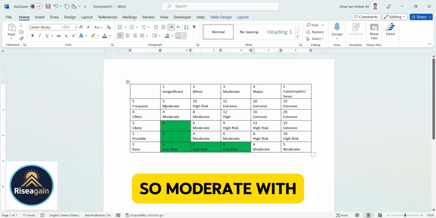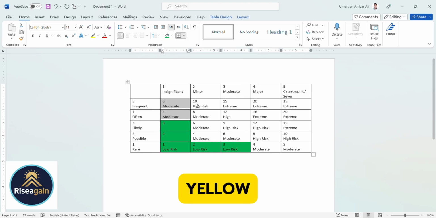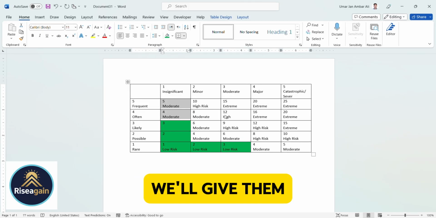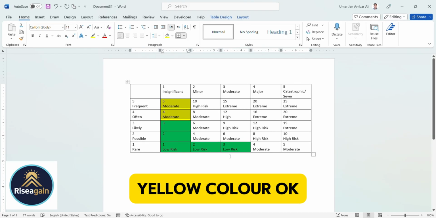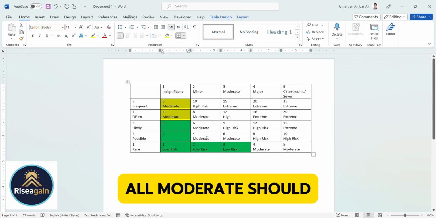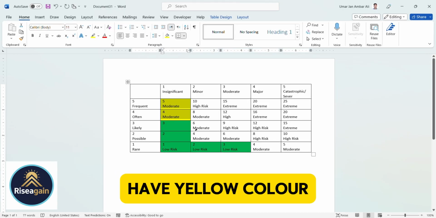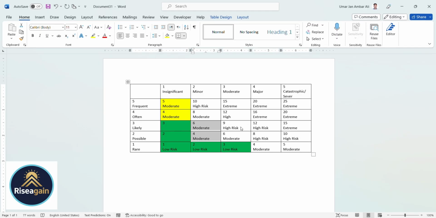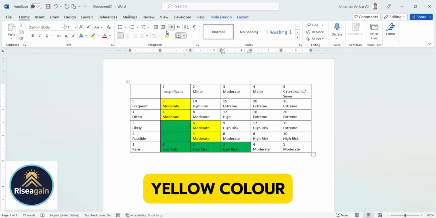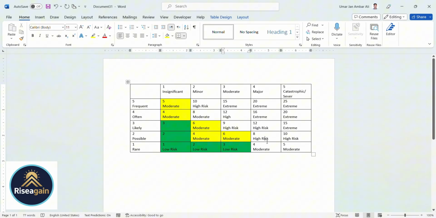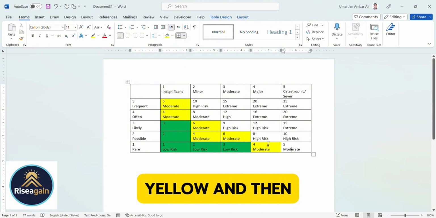Okay, so for moderate we have yellow. We'll give them yellow color. Okay, all moderate should have yellow color. Yellow, yellow, and then yellow.